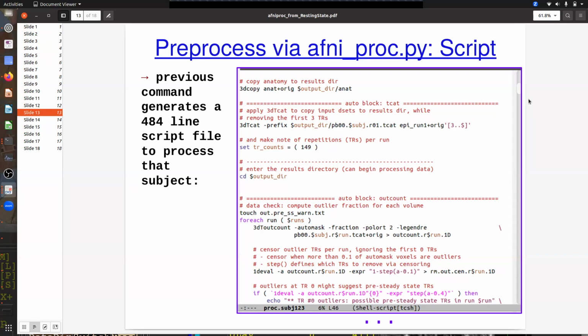So I don't know, anyone who's ever written their own scripts to process data, one of the things you always swear you're going to do is comment your script nicely for other people in the lab, for yourself, so generations can admire it. And of course, we never do. This problem has been solved for us, so we can benefit from that.